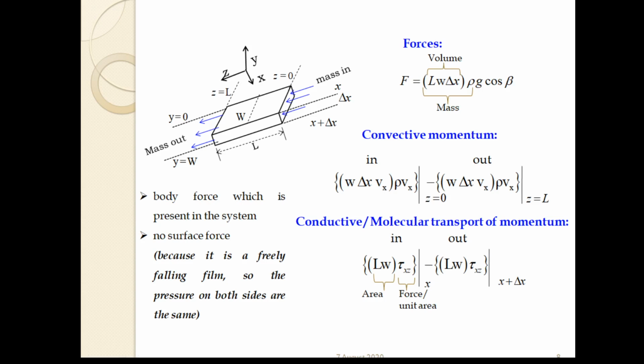Dz is the z direction, and the dw is the small sections of the width.